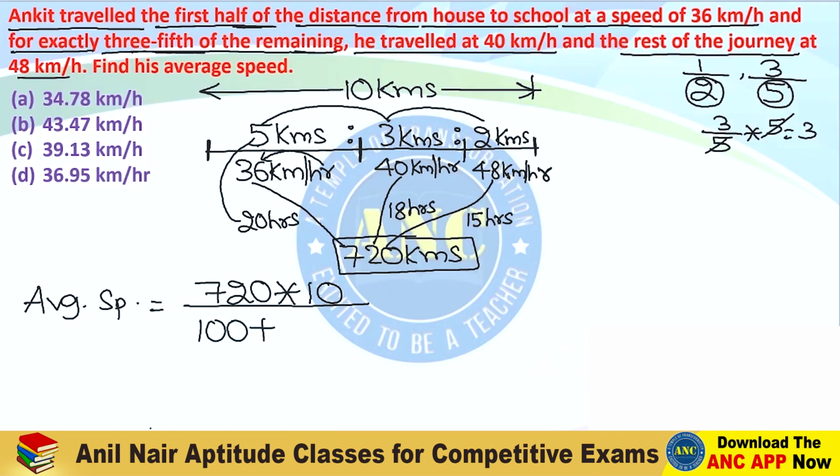And okay, let me use a different color if you are getting confused. So this will be 20 into 5 is 100, 18 into 3 is 54, and then 15 into 2, it is 36. I hope you are understanding, sir.